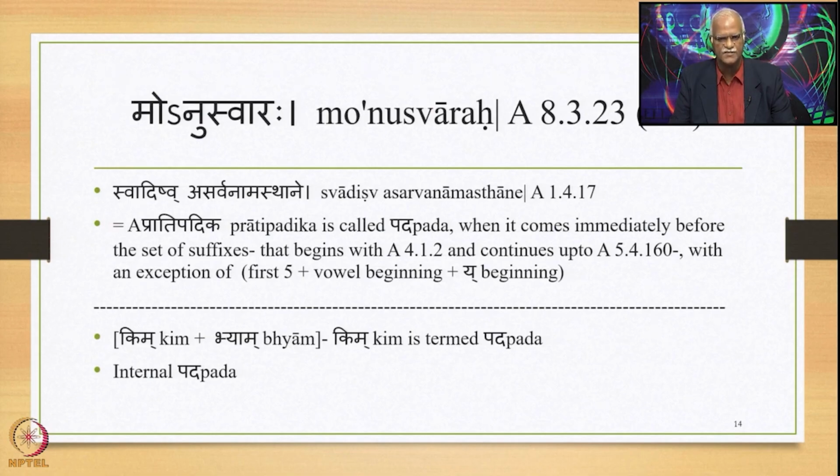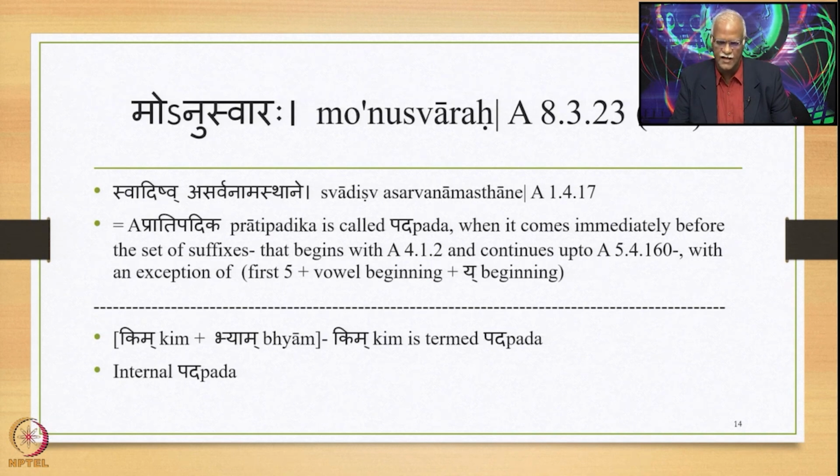Which set of suffixes? The set of suffixes that begins with 4.1.2 and continues up to 5.4.160, and the exception is the first 5 suffixes stated in 4.1.2 plus the vowel beginning suffixes and the y consonant beginning suffixes stated in this huge section, the entire 4th chapter and the 5th chapter in the Ashtadhyayi.